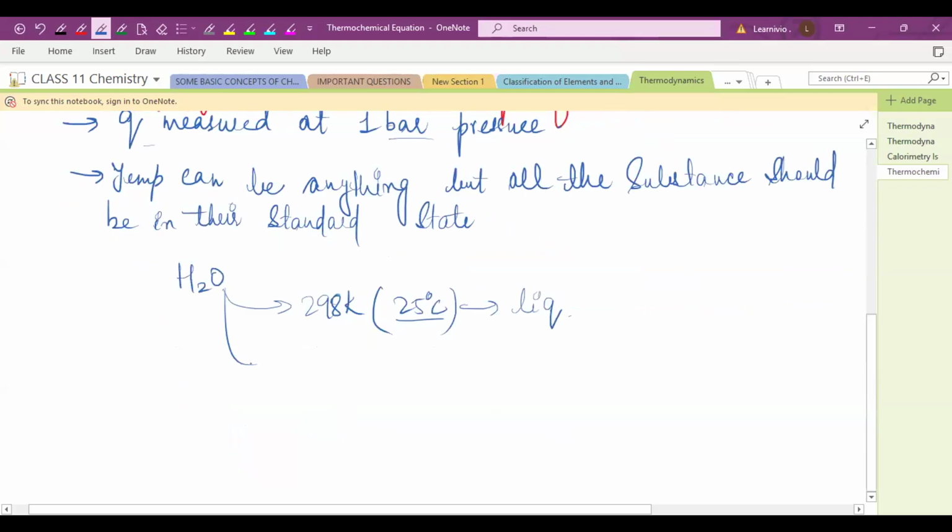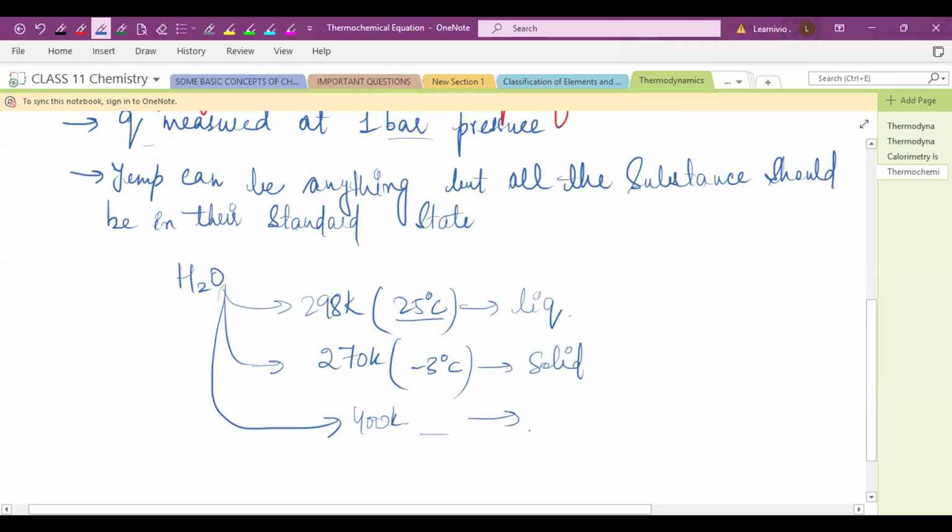If I decrease the temperature to 270 Kelvin, like -3 degrees Celsius, negative comes in, so it will convert into a solid form, ice. Now if I say 400 Kelvin, you are increasing the temperature, so the water will become vapor. But the most stable or standard form of water is liquid.